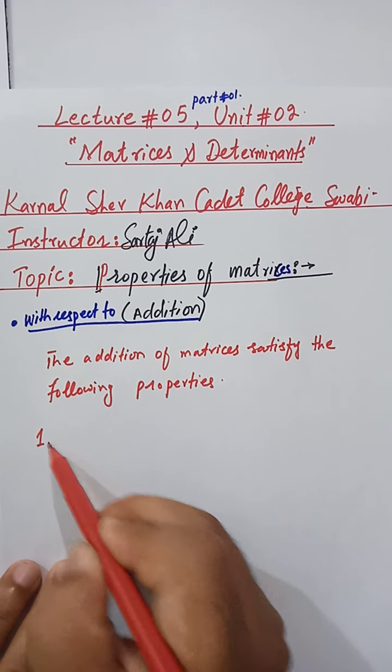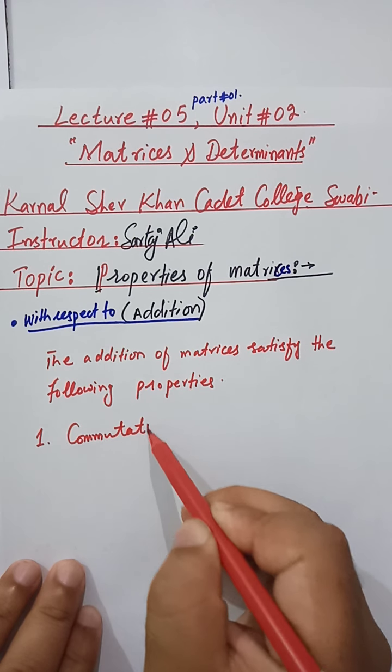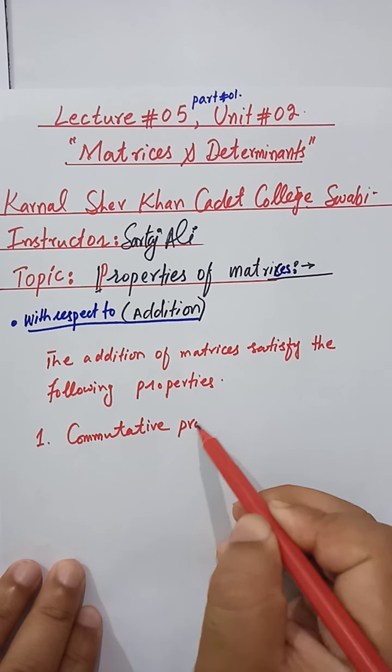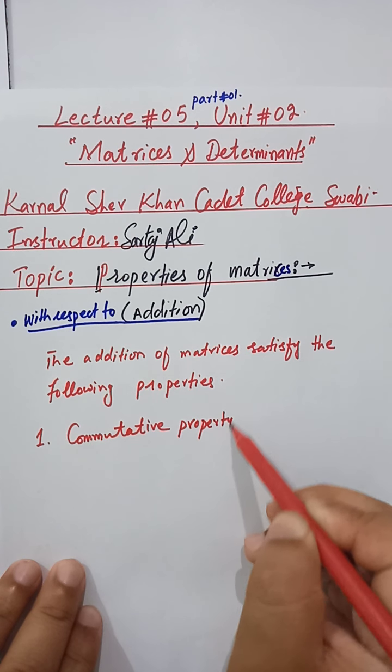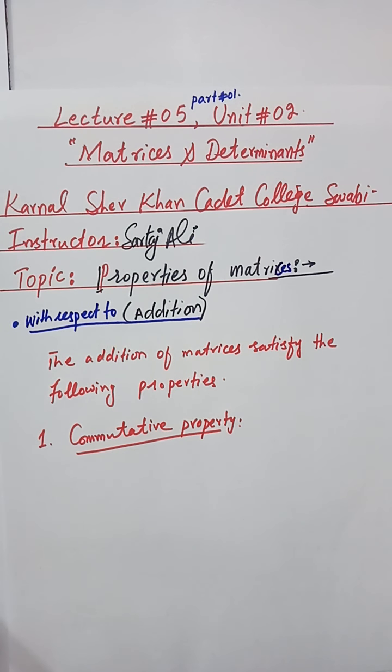First one is the commutative property. With respect to addition, all these properties which are discussed in this video lecture will be with respect to addition.